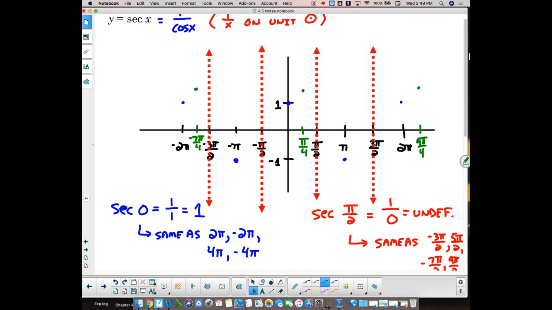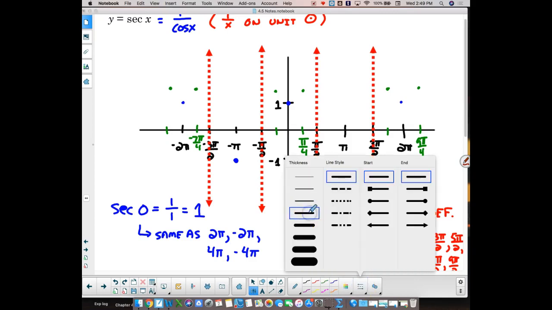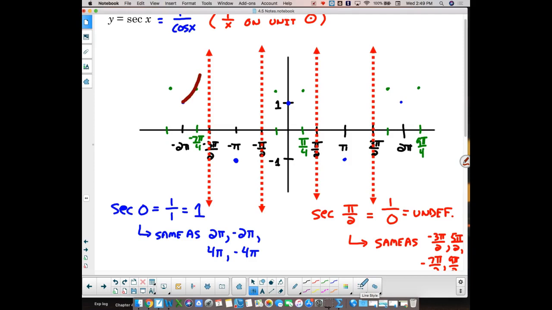So that would be here, here, and there. Fairly good inkling that in those sections, it's going to look like this.